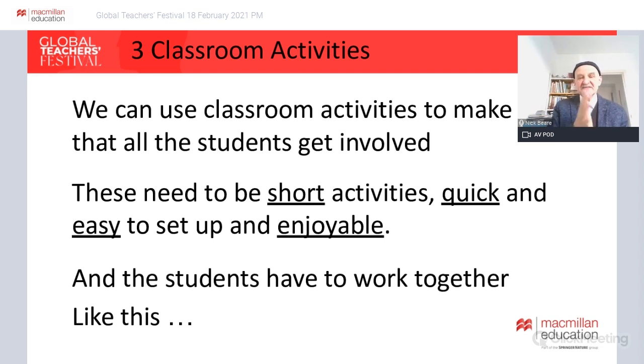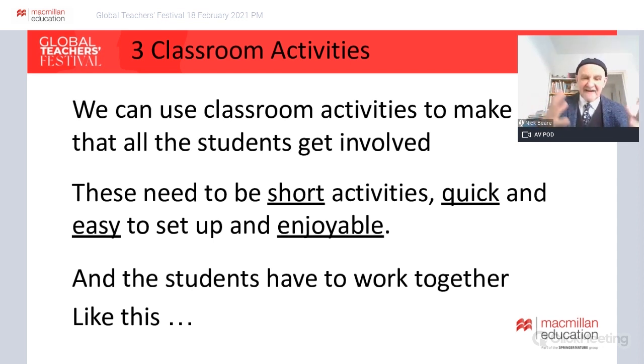Okay, under classroom activities, we can't really go into this in much detail because we're running out of time. The most important thing to bring a class together, absolutely, so that we get all those different groups, those different tribes working together, is to do communicative activities. Those activities where students have got a reason to ask each other questions or describe things and so on, and a reason to answer or give details.